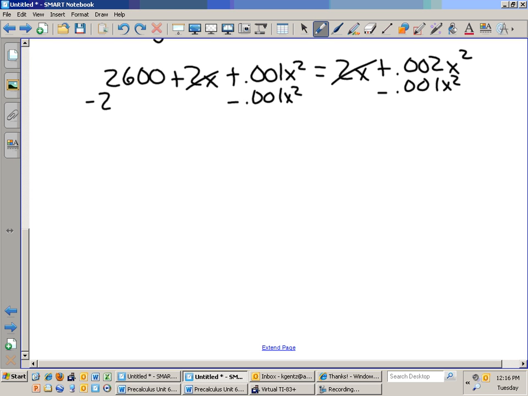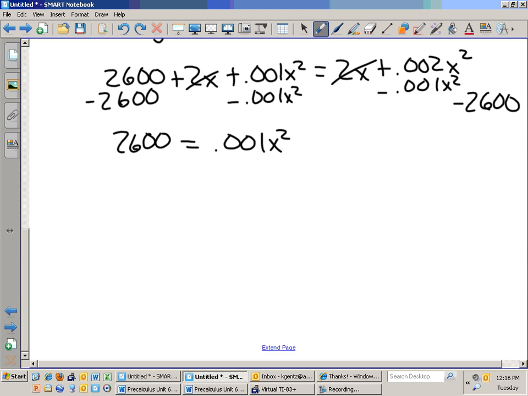I get 0 is equal to 0.001x squared. I guess I probably should have subtracted 2600, should I? Let's leave it over there. If I would have had a middle term, then I would have wanted to subtract that over, but I don't have a middle term. Divide both sides by?